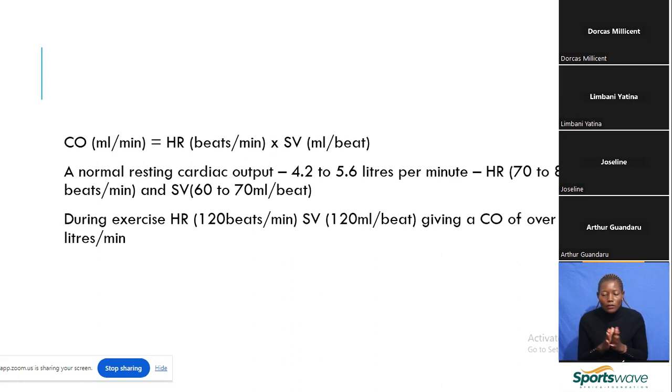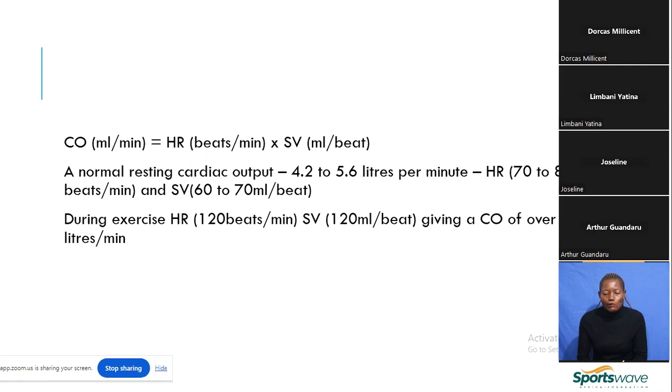You can get 1 times 18, a heart rate of 1 and a stroke volume of 18. 2 times 9, a heart rate of 2 and a stroke volume of 9. 3 times 6, heart rate of 3, stroke volume of 6, and then 6 times 3. Then 9 times 2, and finally 18 times 1, a heart rate of 18 and a stroke volume of 1.